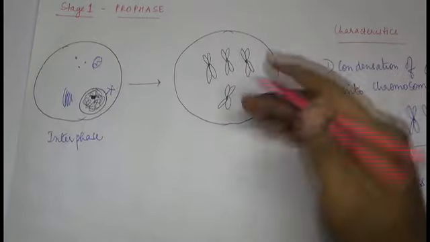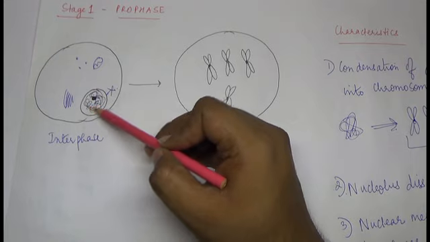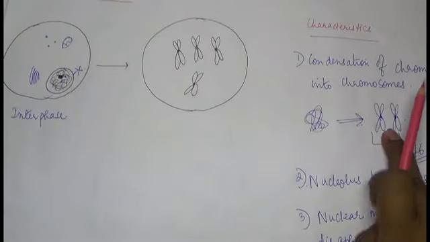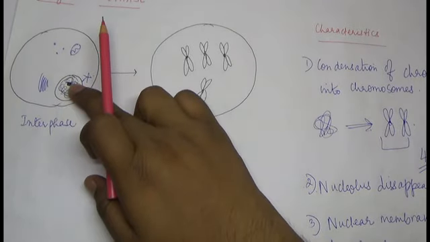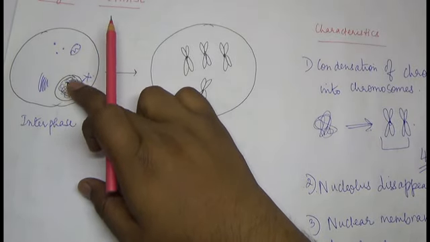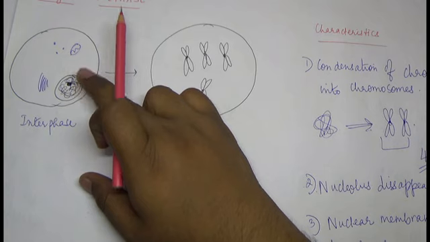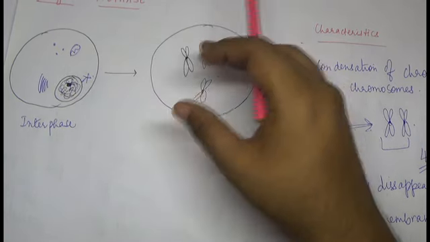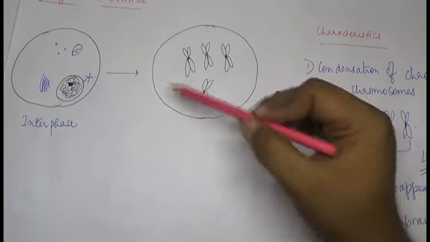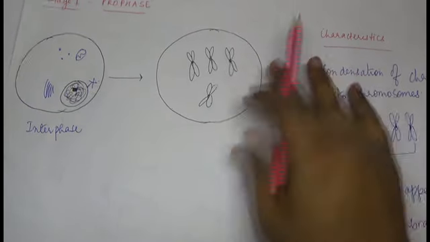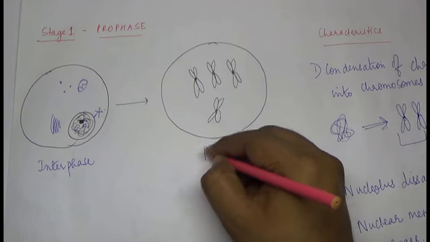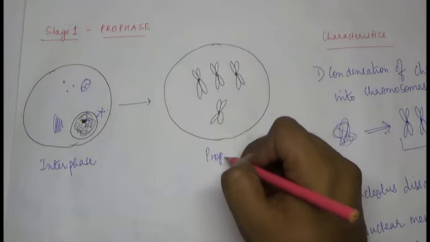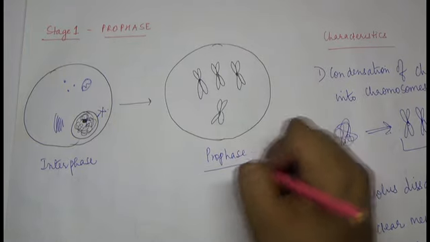This is exactly what happens. The constituents of the nucleus, which is now not chromatin but chromosomes, were present inside the nucleus. So if the nucleolus and the nuclear membrane are not present, the chromosomes will come out and swim freely in the cell. Therefore, the chromosomes are free in the cell. This is the diagram of prophase. The chromosomes are randomly scattered.